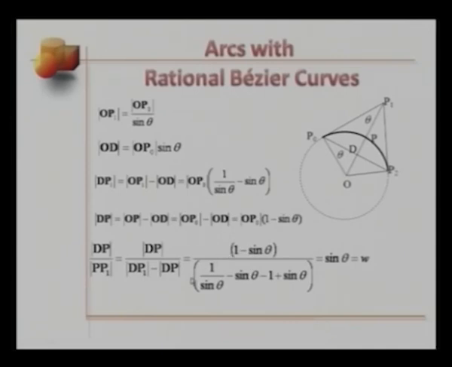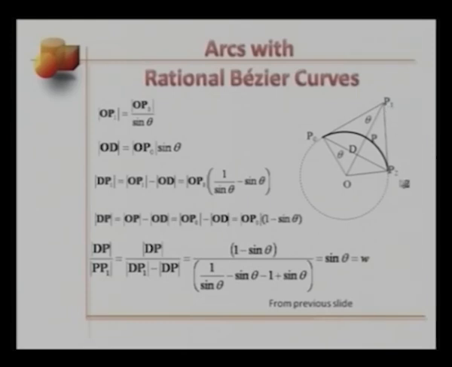The radii terms get cancelled out, and this expression gets simplified to sine theta, which is the eccentricity, and from the previous slide, that is equal to the weight corresponding to P1.